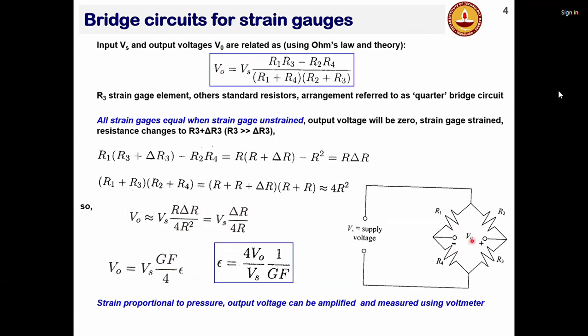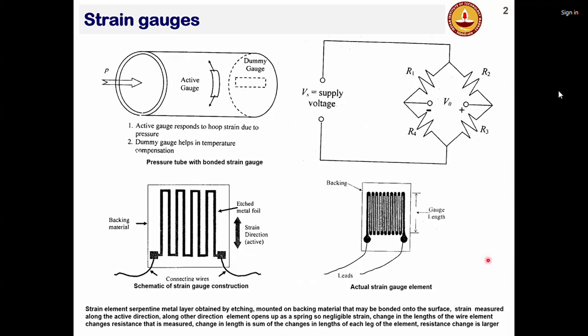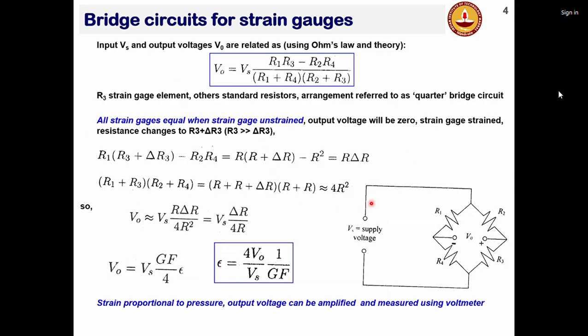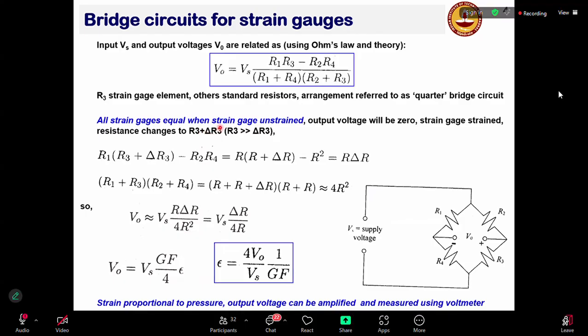That means the circuit is balanced. Now, when this R3 is mounted to some structure and there is strain acting on it, the resistance would change. From R3, it will become R3 plus delta R3 when it is strained.